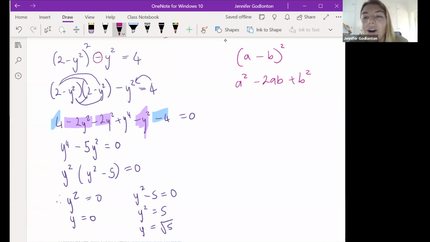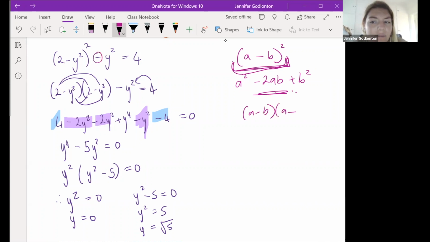That is the quick way of doing a binomial. When you're squaring a binomial, you can just get straight to this if you do it the quick way. Alternatively, all you're doing is writing it out twice, which is what I did over here, and then you just multiply it manually. So you don't have to remember this quick way at all, because you can always just write it out twice and just multiply.